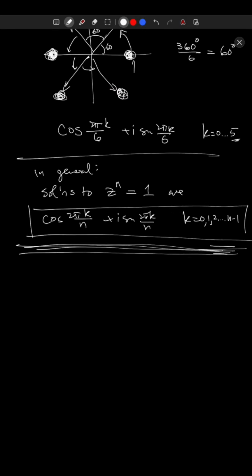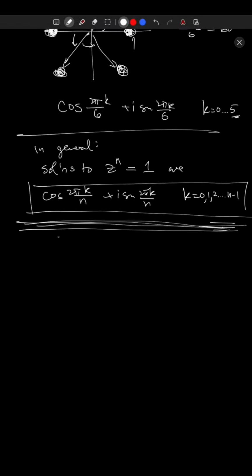Okay, so let's now solve something more interesting. So let me solve z cubed equals, let's say, 6 root 3 plus 6i.